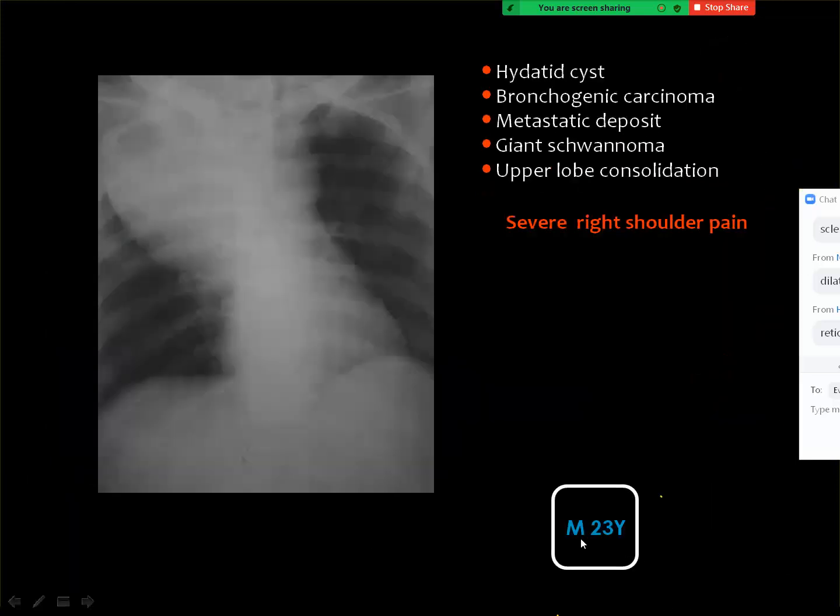This patient, 23 years old, with severe right shoulder pain, and you got a big opacity in the right upper lobe. Is it hydatid cyst or bronchogenic carcinoma or metastatic deposit or schwannoma or consolidation? Okay.